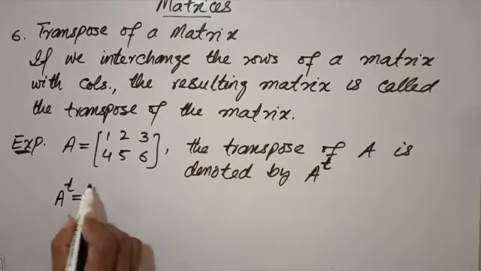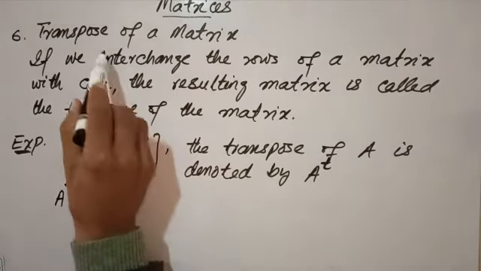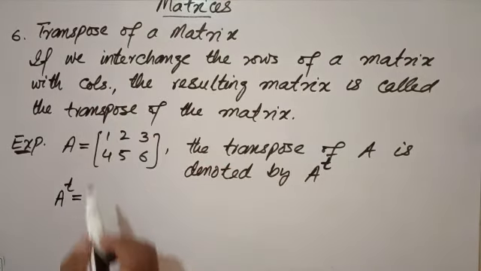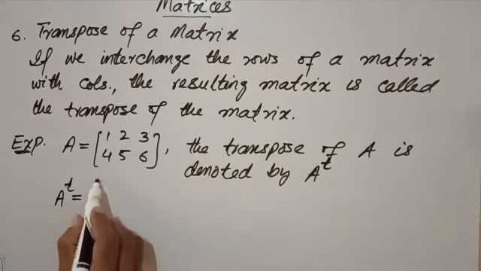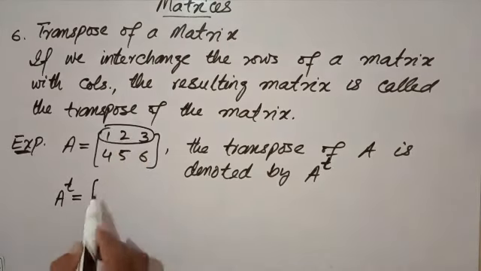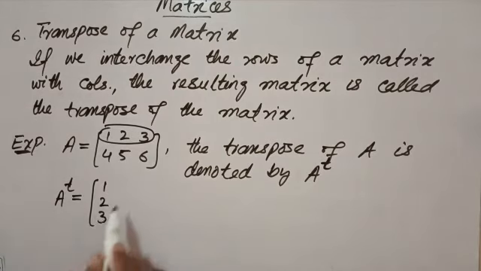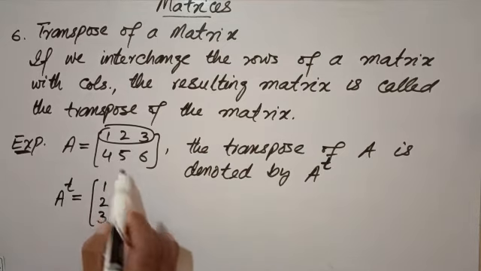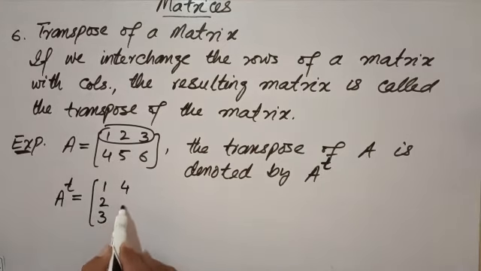AT, what we'll do, we'll interchange the rows with the columns. In other words, the first row will become the first column 1, 2, 3, and similarly the second row will become the second column 4, 5 and 6.